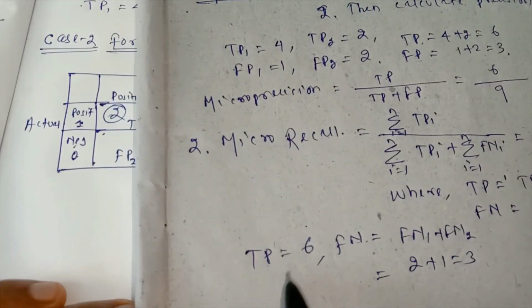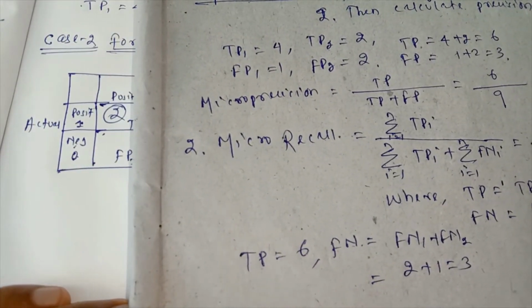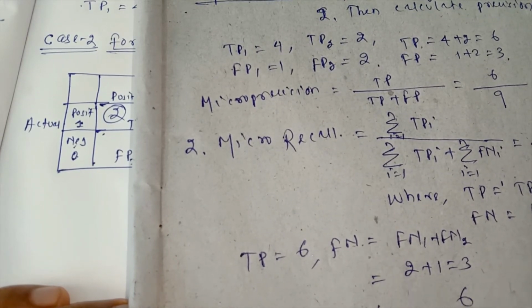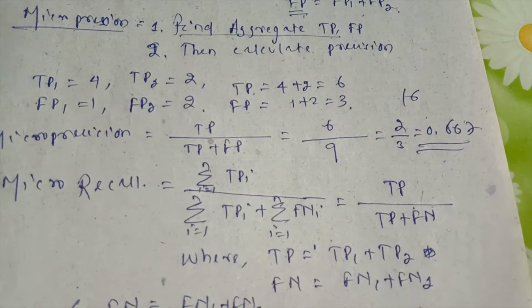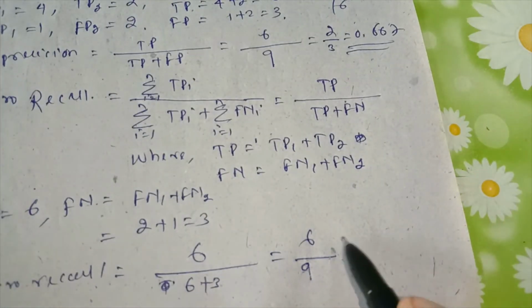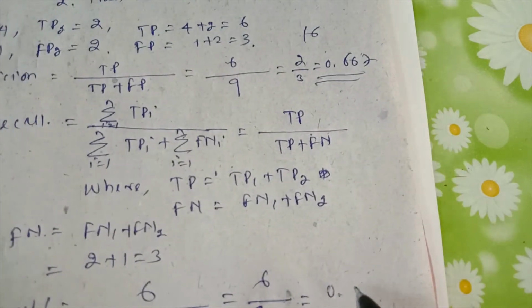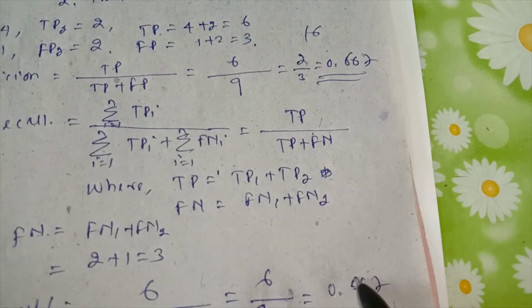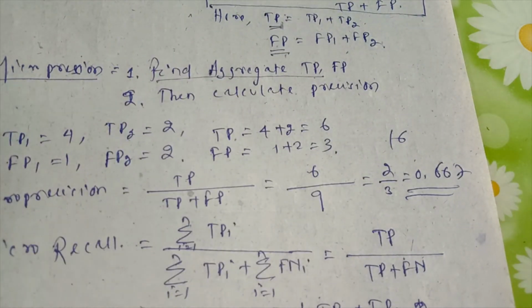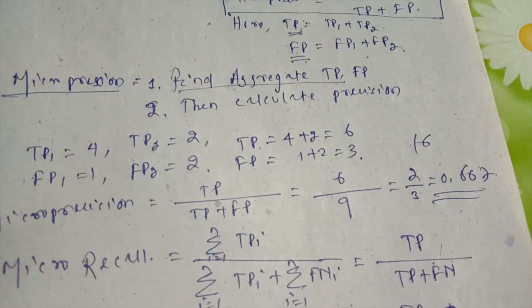Now micro recall: TP by TP plus FN, 6 plus 3 equal to 9, so 6 by 9, exactly the same, 0.667. So that covers micro precision and micro recall.